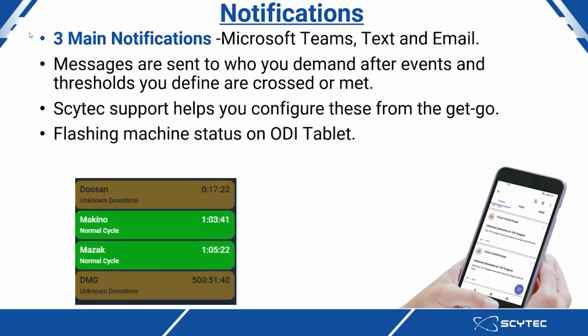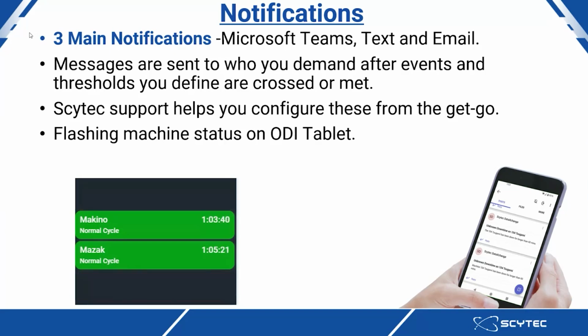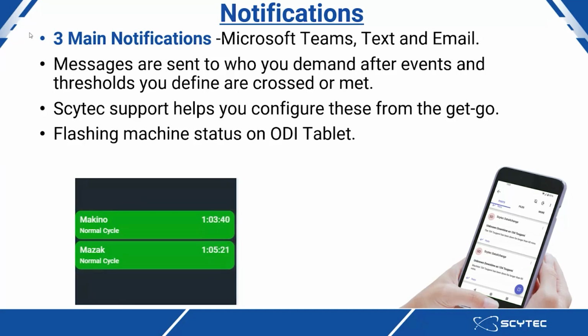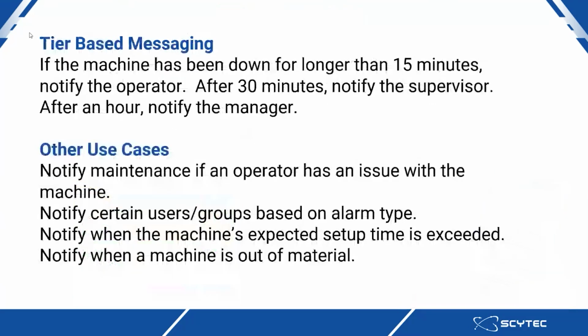Once a threshold that you have defined is met, say for the Doosan machine, that after 15 minutes of unknown downtime, you'll get a notification. You can also have your ODI tablet start flashing so that it would catch an operator's eye, so they could see that they need to go out there and attend to whatever is going on with that Doosan machine after that 15 minutes of unknown downtime.